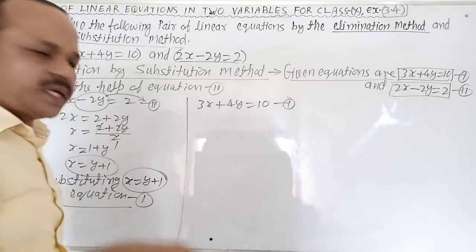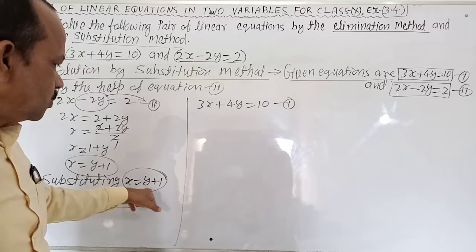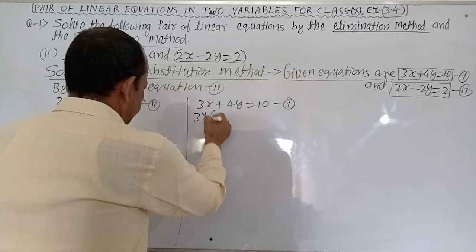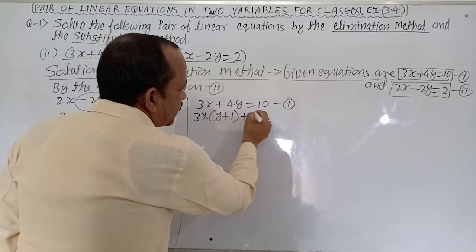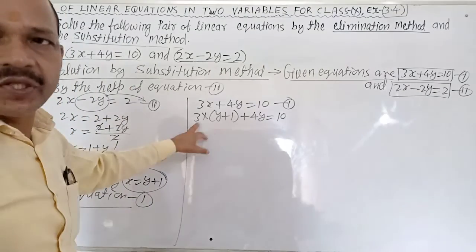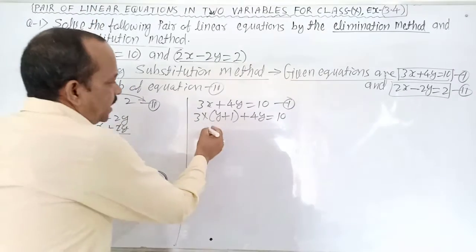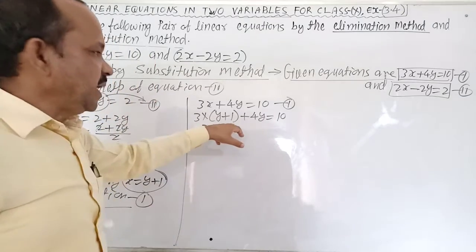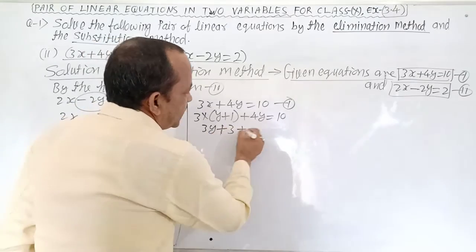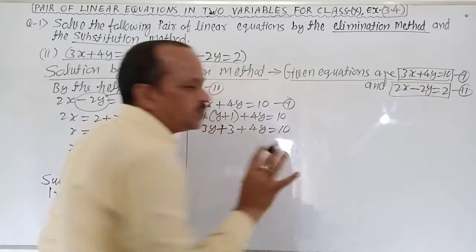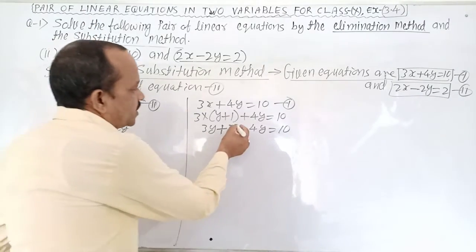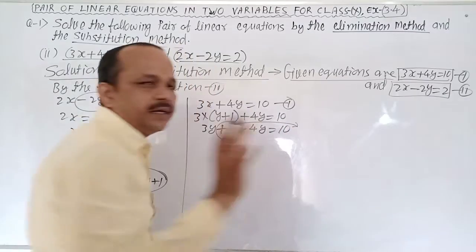Substitute x equal to y plus 1. Here 3 multiply y plus 1, plus 4y equal to 10. You multiply 3 and y, it becomes 3y. 3 multiply 1, it becomes 3, plus 4y equal to 10. Clear? Here 3y, here 4y, here plus 3. You can write plus 3 on the right side of equal.